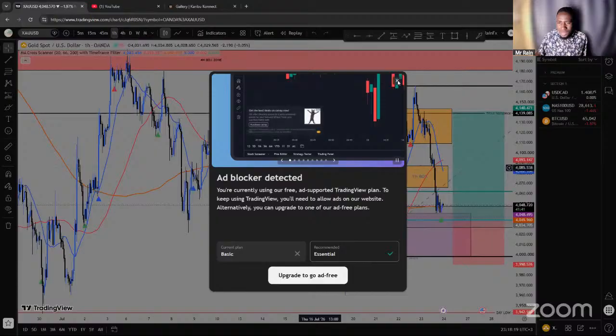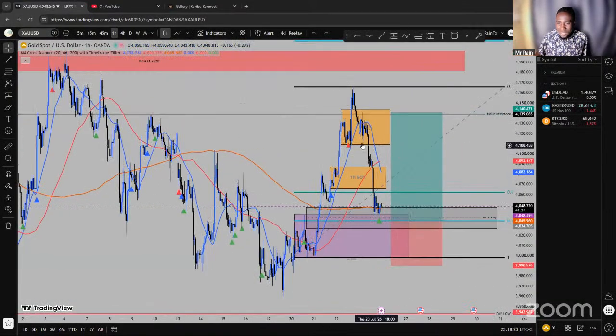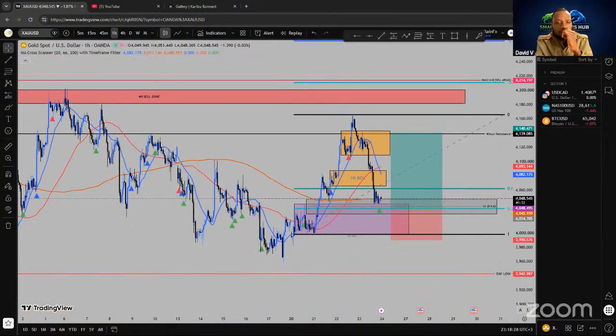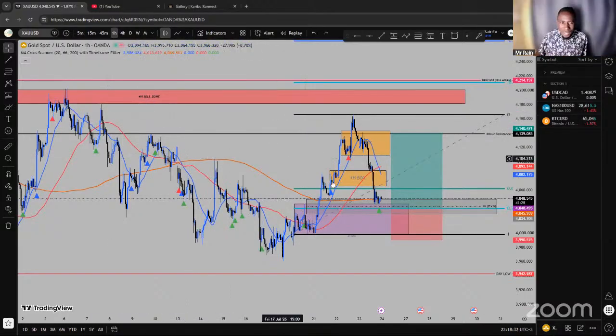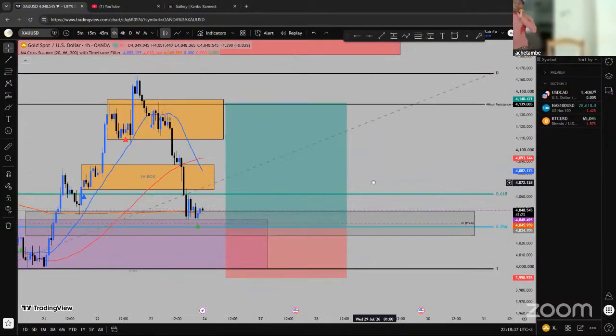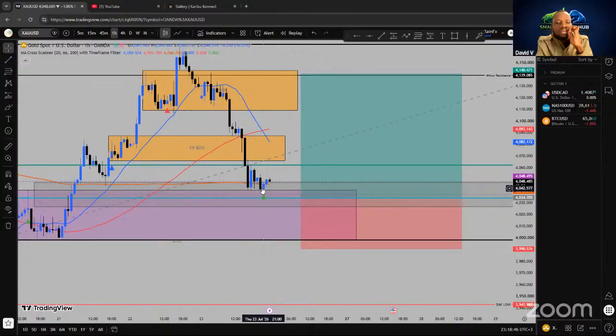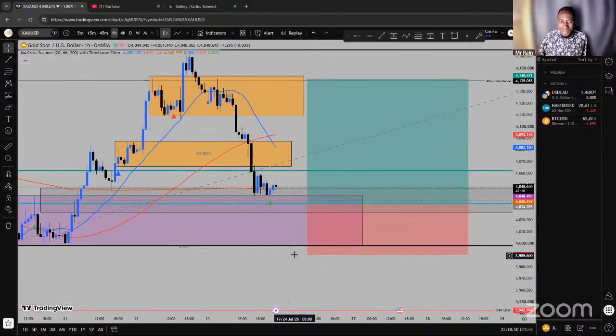I did place a sale here, but it never came back. You know it normally does like this, and then you get that adrenaline rush, and you rush into it. Ukisha rush into it, inakuja huku chini.